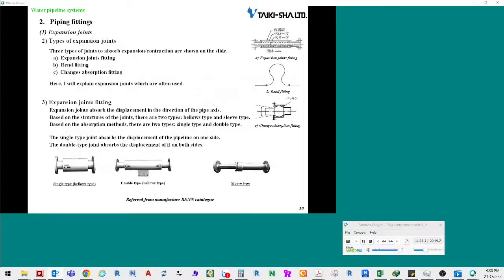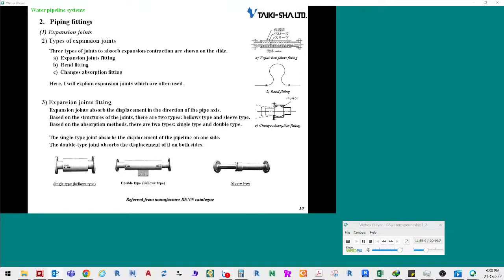Types of expansion joints. 3 types of joints to absorb expansion or contraction are shown on the slide. Here, I will explain expansion joints which are often used. Expansion joint fitting. Expansion joints absorb the displacement in the direction of the pipe axis.